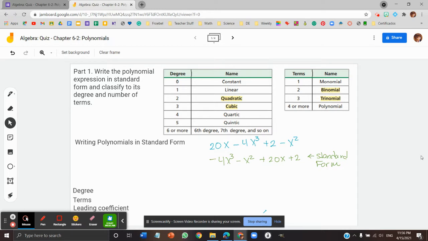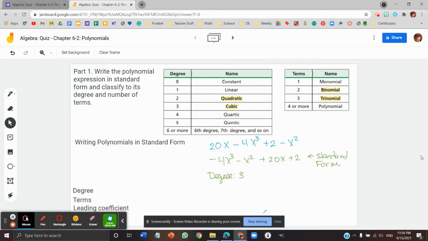Now they're asking me for the degree. The degree of the polynomial is the degree of the highest term, the first term when it's in standard form. That will be this term right here, and the degree is 3. So the degree of that polynomial expression is 3.